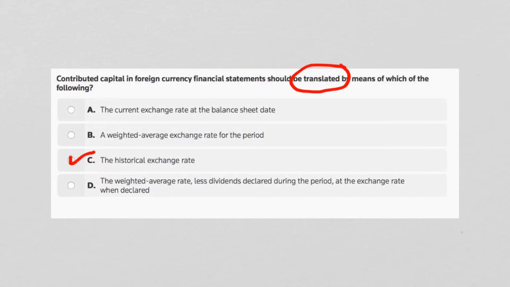So it would be common stock, paid in capital, things like that. Alright, let's try one more.